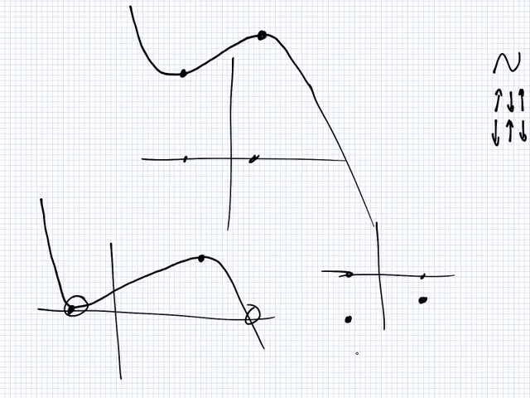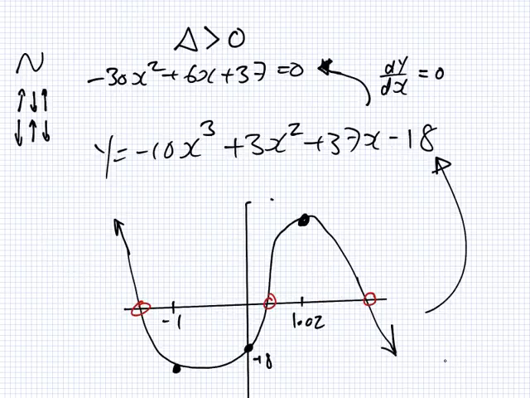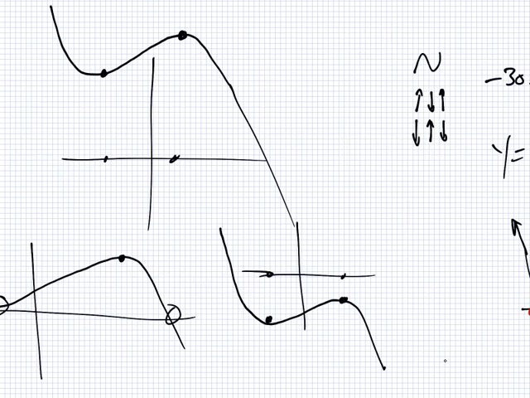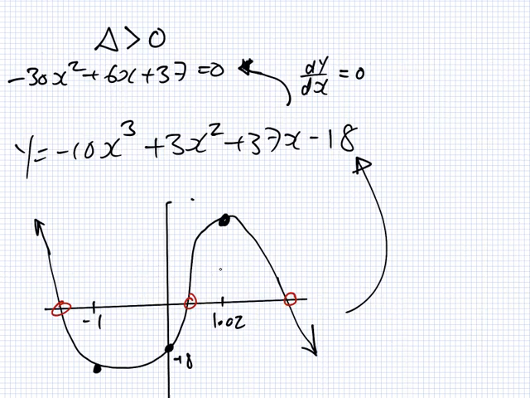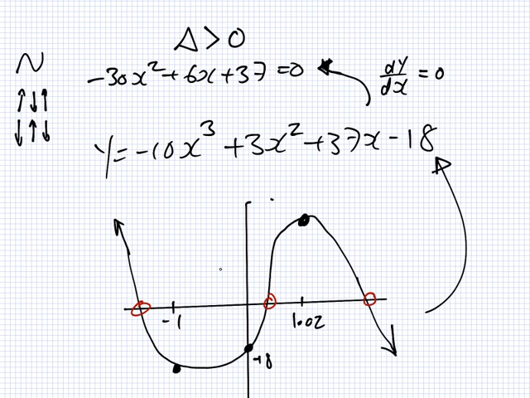Like this. Down, up, down. How many roots? 1. Yeah. So by drawing a quick graph, we can know how many roots there are.